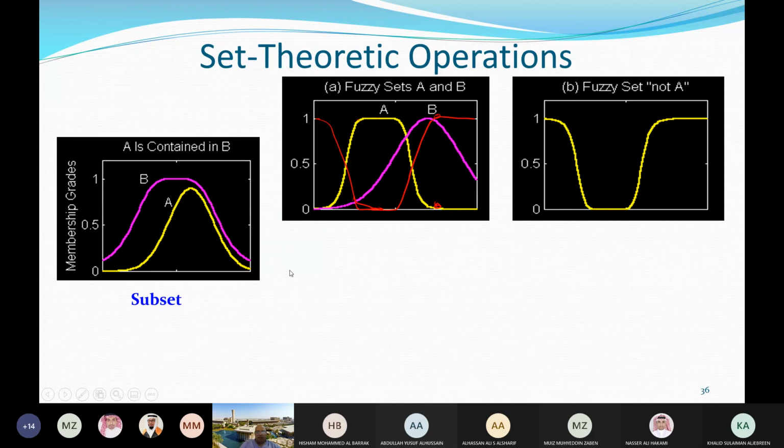Let me remove this. What is A or B? A or B. So this is A or B, maximum. A and B, the intersection, would be this part only.